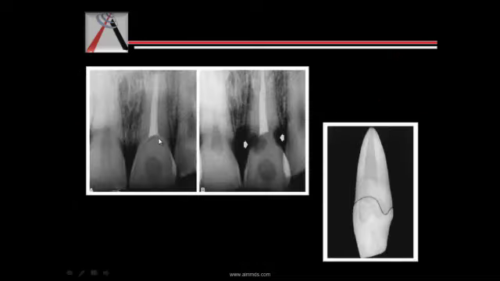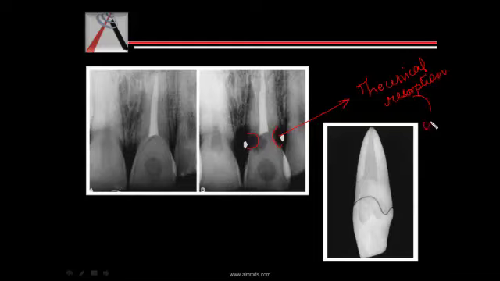The second reason why we need a barrier, especially in the cervical area, is that if there is no barrier placed, this is the area which has a tendency to leach out the bleaching agents, and there has been noticed the side effect of external root resorption, the cervical resorption. So cervical resorption is one of the very important complications of walking bleach.